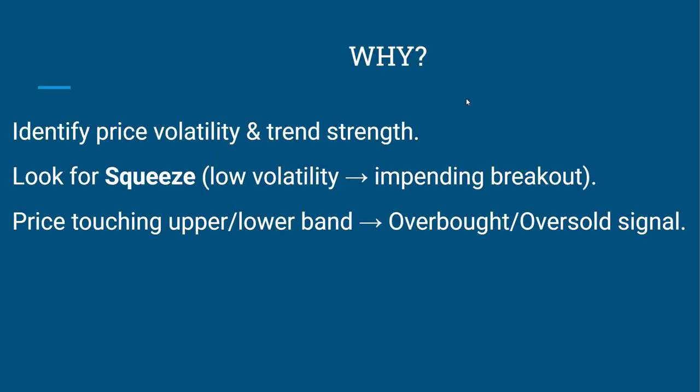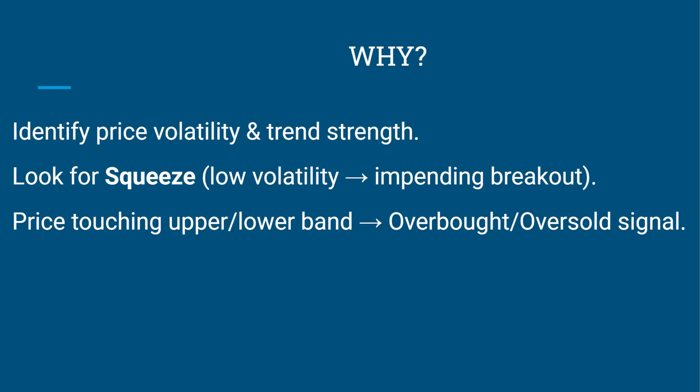So why Bollinger Bands? To identify price volatility. We need to identify price volatility, that is important, and the trend strength. Another thing, we are looking for the squeeze, which indicates low volatility and an impending breakout.